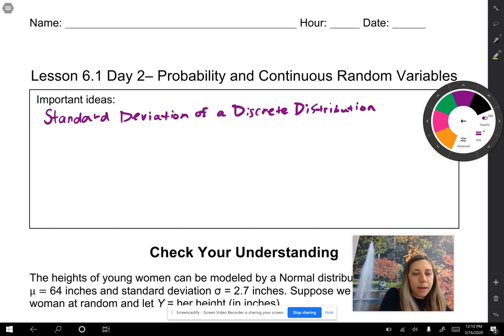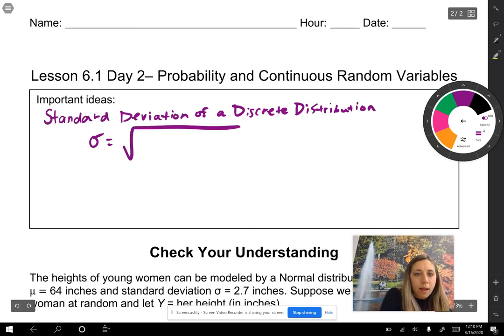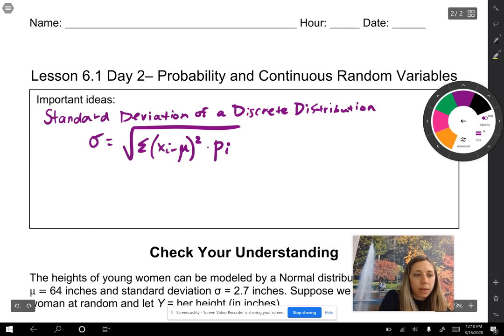We have that the standard deviation equals the square root of the sum of each x value minus the mean, squared, times the probability. Keep in mind that if you don't take the square root of it, it's called the variance.